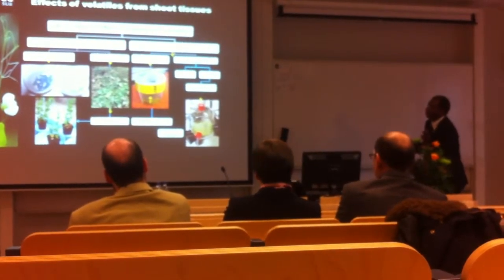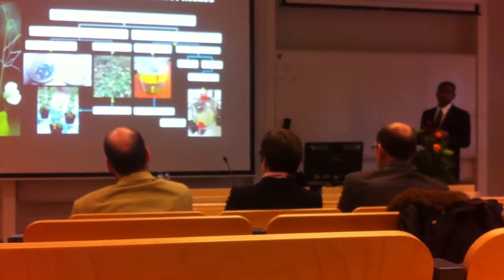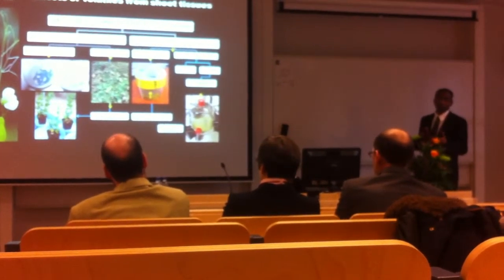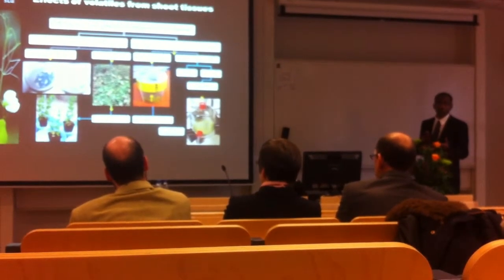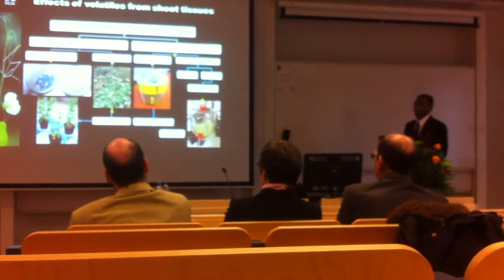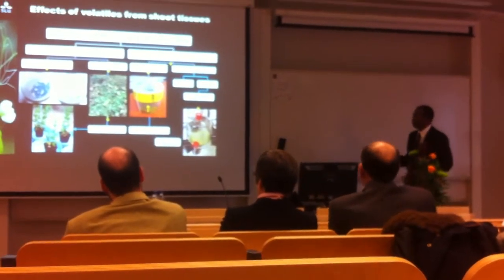The objective was, if we transform the fresh to dry tissue, air dried, does it still work? Does it contain the glucosinolate and produce the volatile substances? So that's why we split it into dry and fresh conditions.